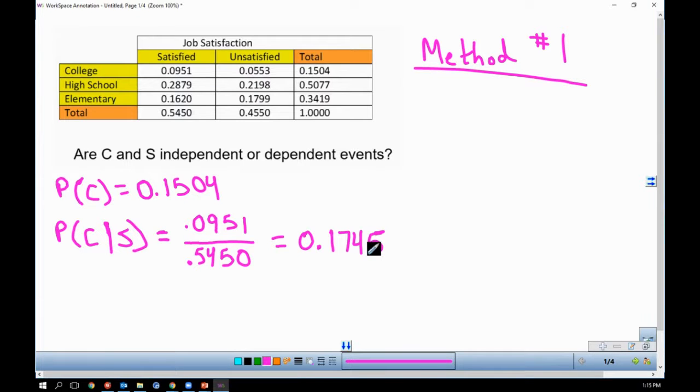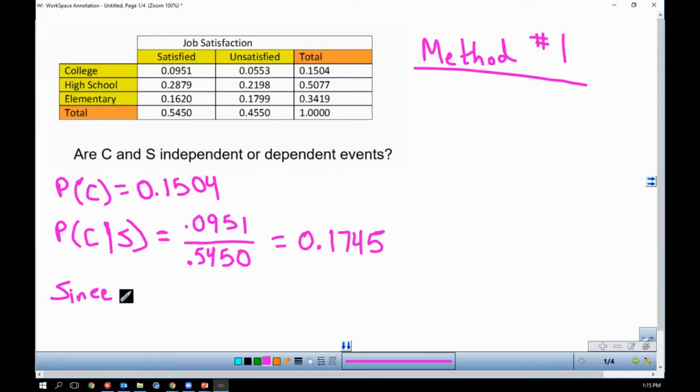Okay, are those the same? No. So what this tells me is that knowing they're satisfied changes the probability. So are these independent or dependent? They're dependent. Dependent means change. Yes.